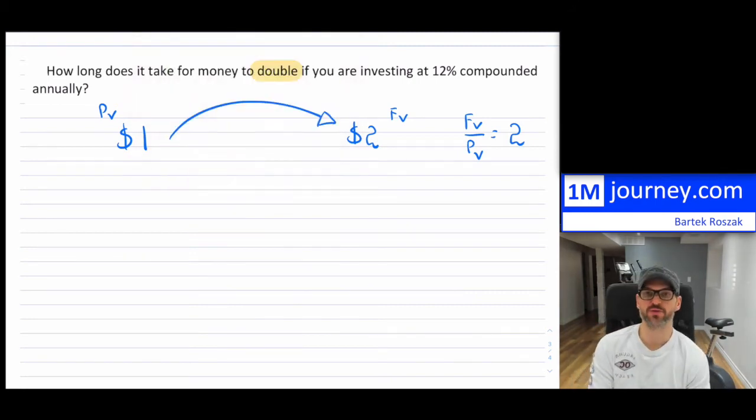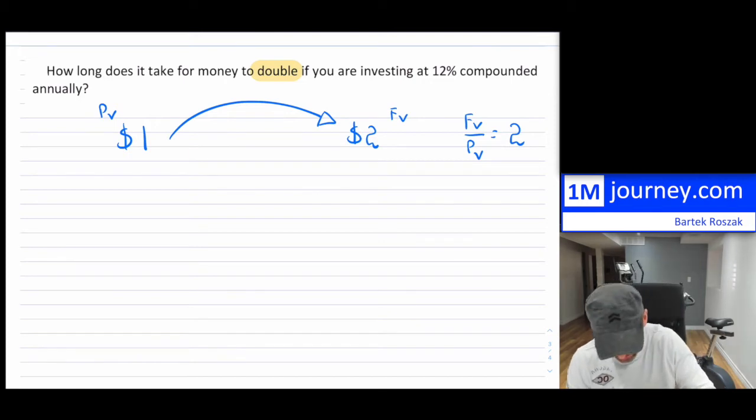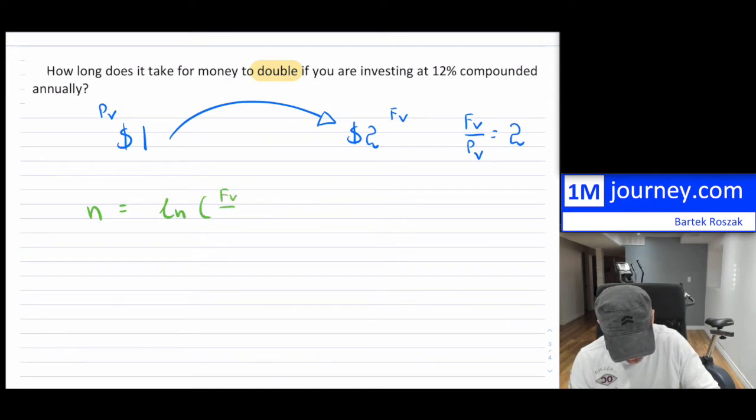You can use the formula for finding how long it takes, and the formula is n equals ln of the future value divided by the present value, all over ln of 1 plus i.